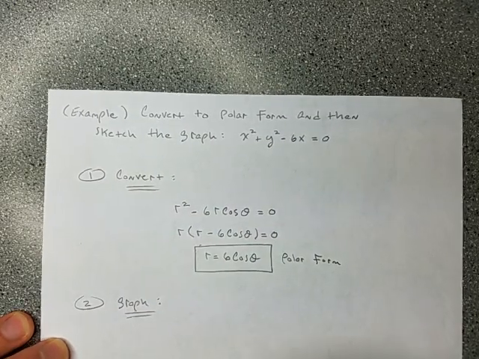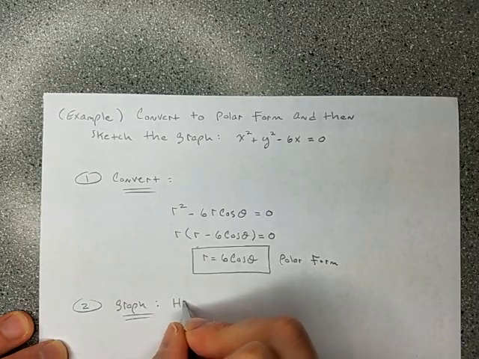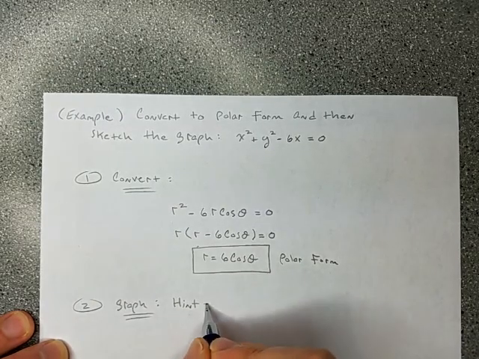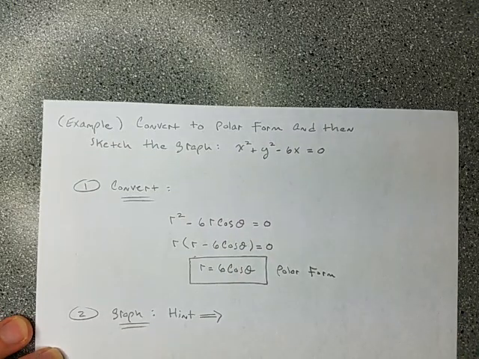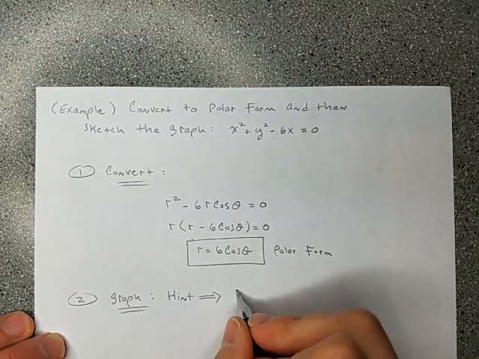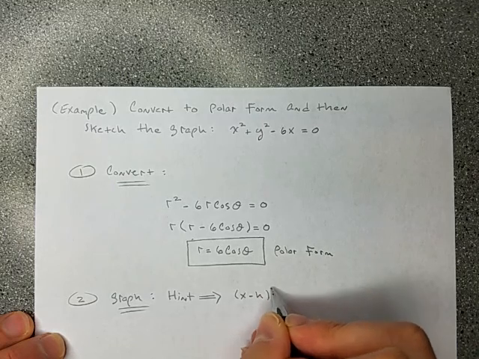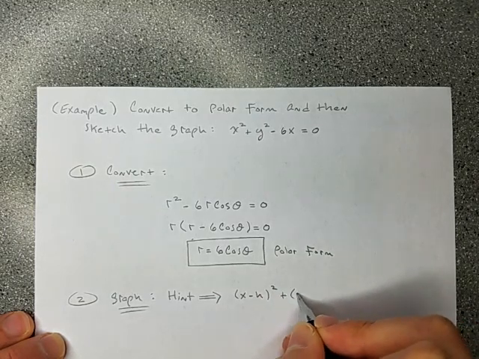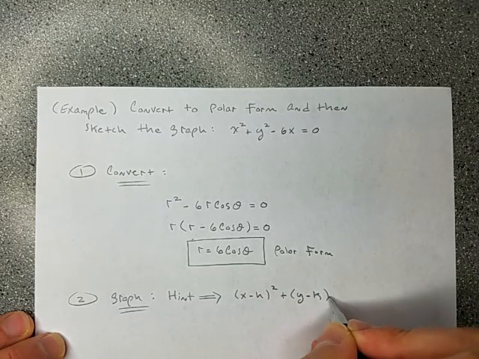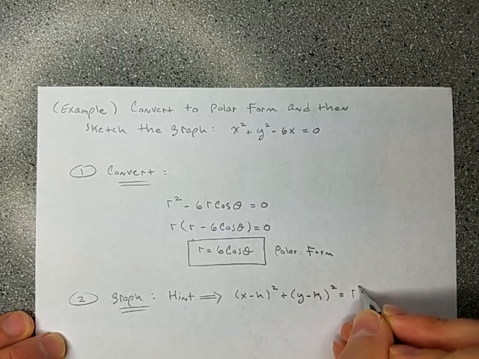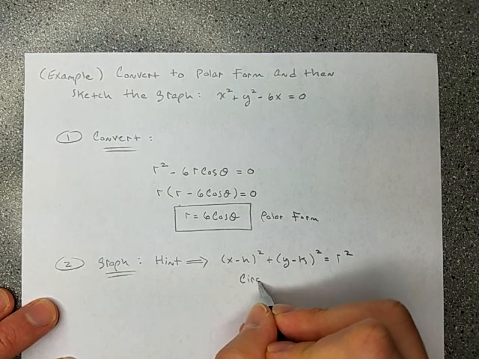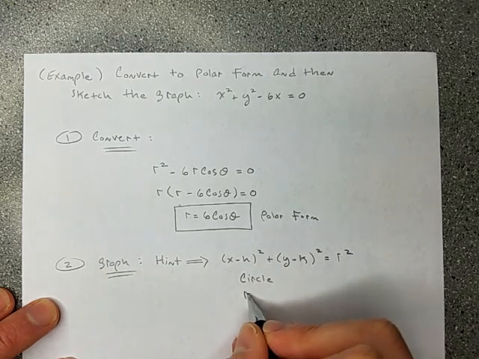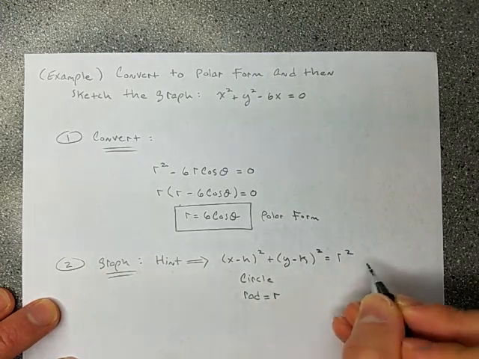All right, so I'm going to give you a hint with this one, and that is that I think this is reducible to a circle of some kind. If I say (x − h)² + (y − k)² = r², that in fact is the equation of a circle that has a radius of r.